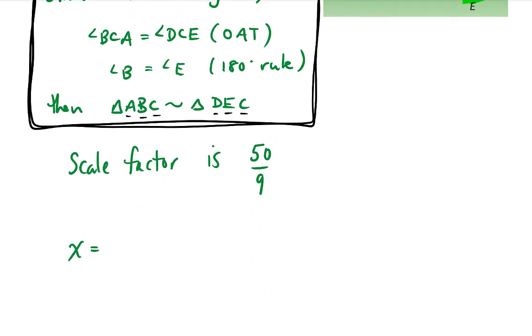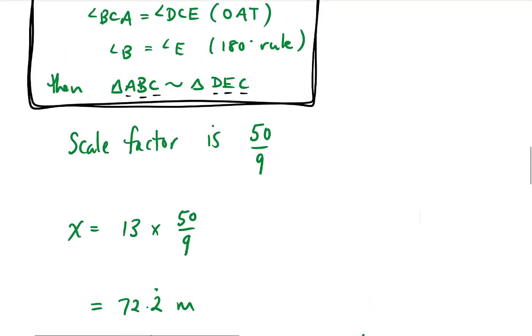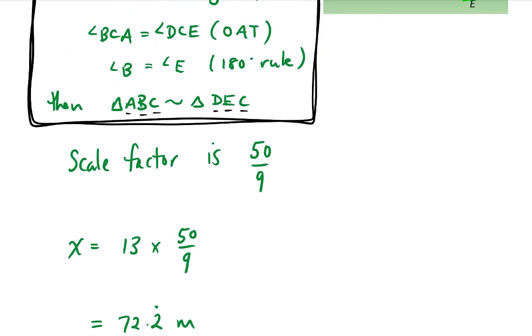So I'm going to take 13 and multiply it by the scale factor of 50 over 9 equals 72.2 repeating meters. So therefore, the river is 72.2 meters wide. That's using the scale factor method.